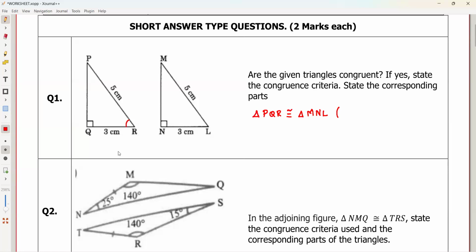No, they didn't give this angle, right? So we cannot go SAS. They didn't give that these sides are equal, so we cannot go SSS also. Sir, can I tell? Well, let him try.